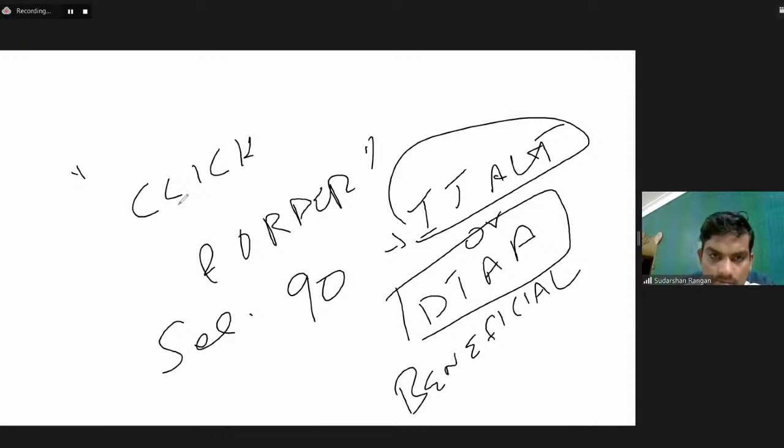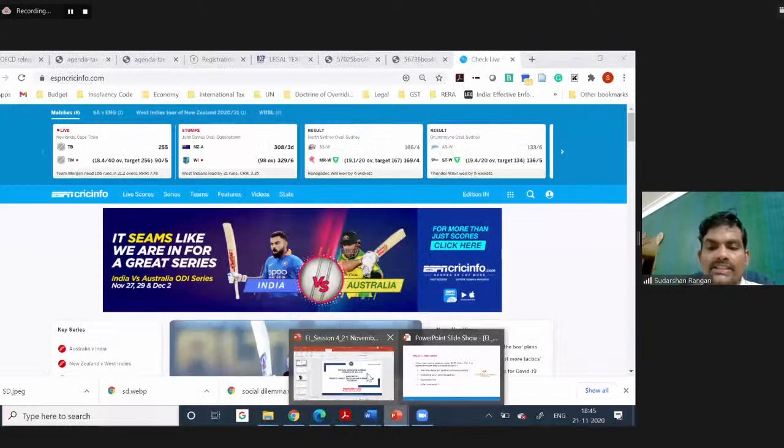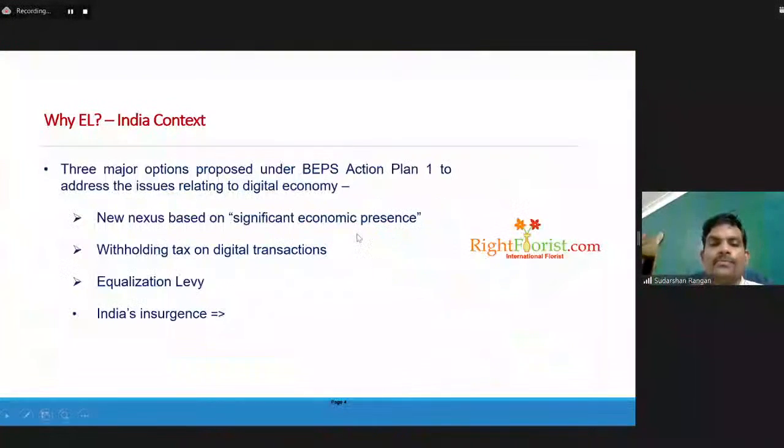And of course, one of the efforts to catch up is equalization levy. So this was addressed in the BEPS action plan, and there was an option given to countries. A lot of countries were saying, look, this is a problem for us because these companies are not paying taxes, and our courts have also agreed. So how to do it?